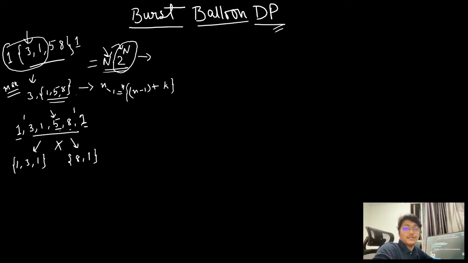So just by bursting the balloon, we have broken down the problem into two smaller versions of the same problem. Now, we want to maximize this part of the array, and we have to maximize this part of the array. If we are able to do that, then we have the solution using the divide and conquer method.